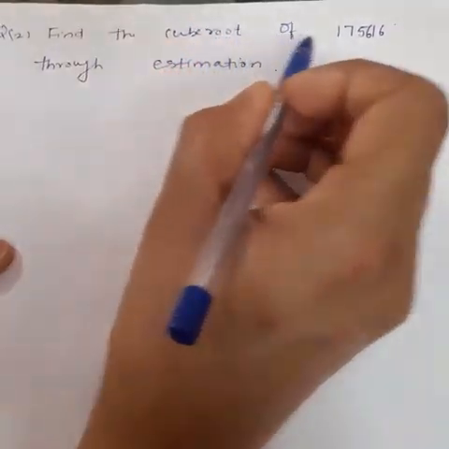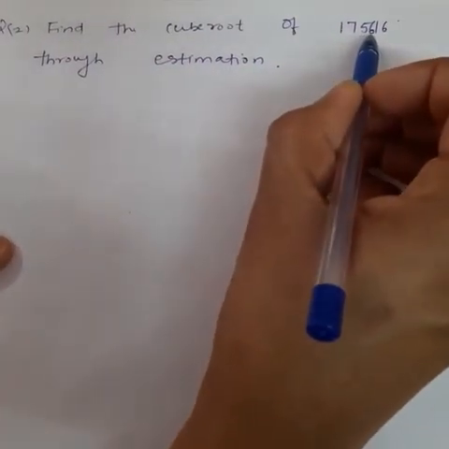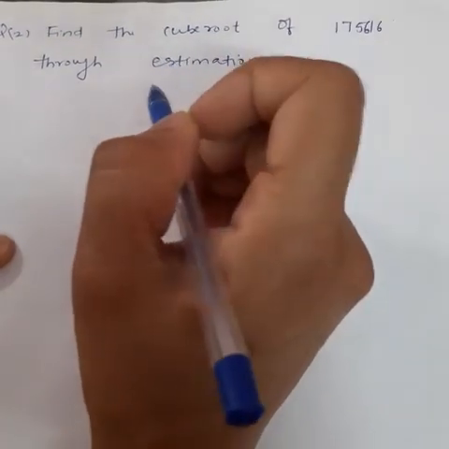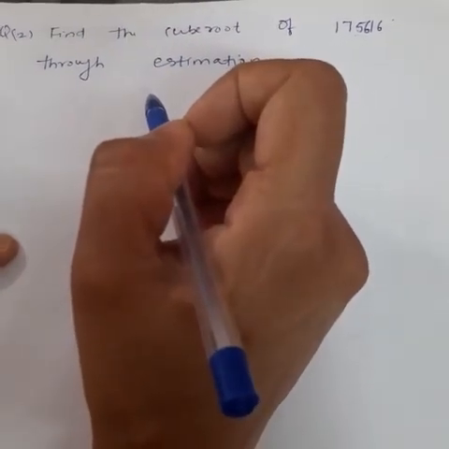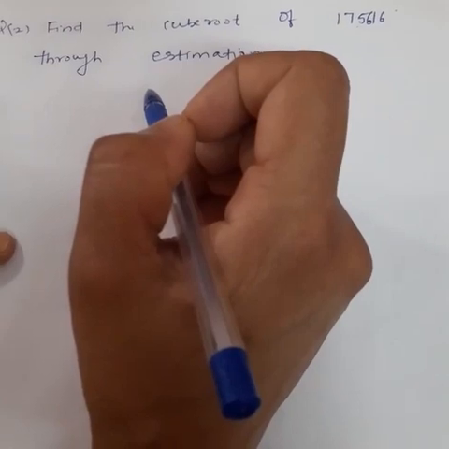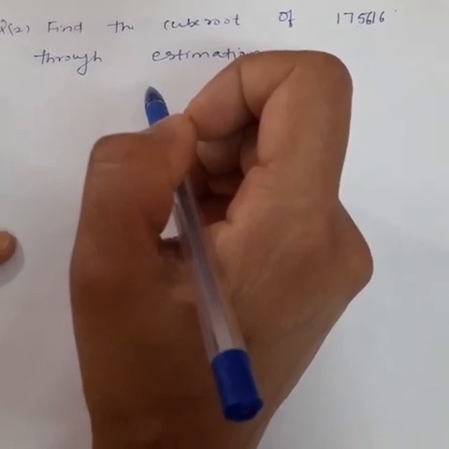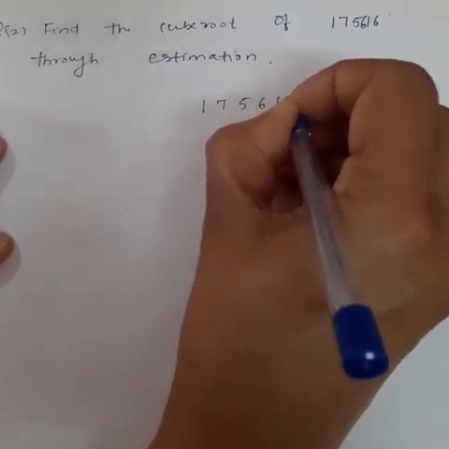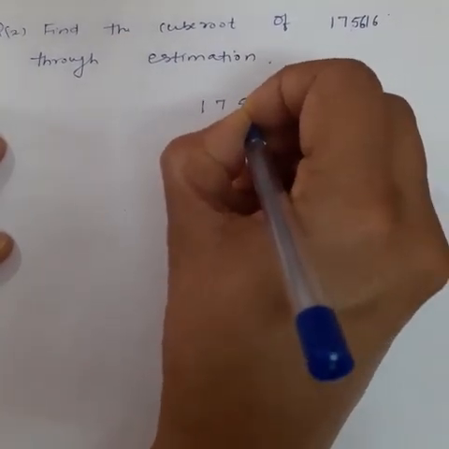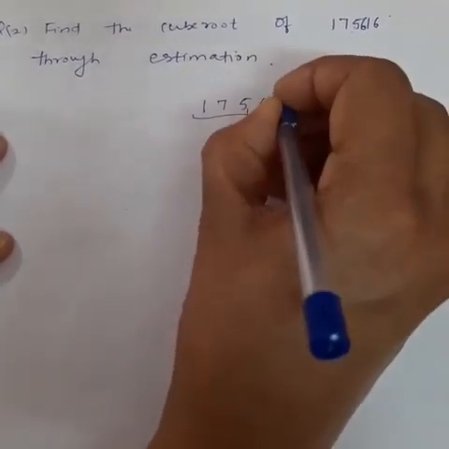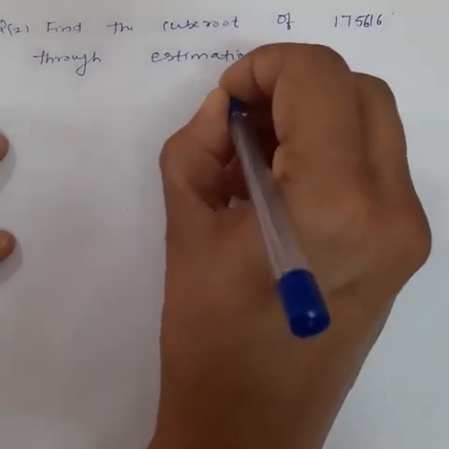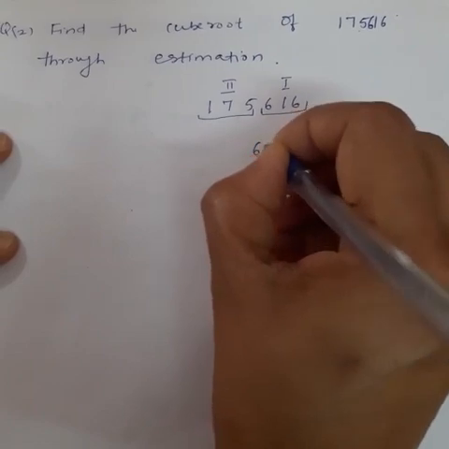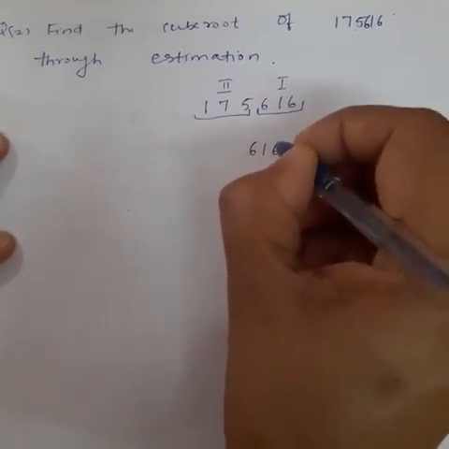Find the cube root of 1,75,616 through estimation. In the first step, we have to form the groups of 3 digits starting from the rightmost digit of 1,75,616. So 2 groups we got here, first group and second group. Let's consider the first group, that is 616.